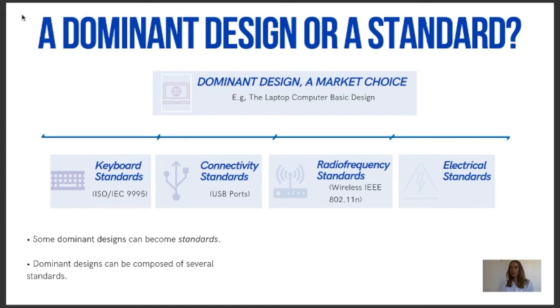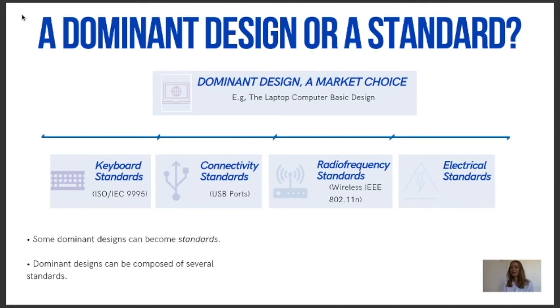Therefore, a standard within a product category has a functional purpose and is independent of the market acceptance, and can even be enforced by law, while a dominant design directly emerges from market acceptance and adoption. And it often results from a competition between several designs, where one emerges as the dominant one.